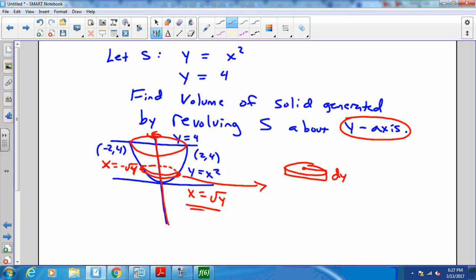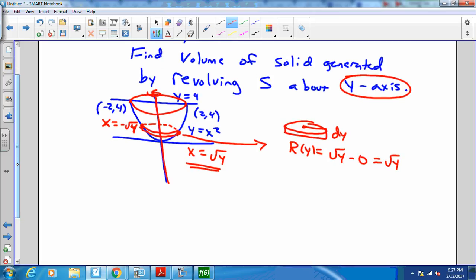You could also use x equals negative root y, but that just introduces extra negative signs that we don't really need. So we have x equals root y as the equation for our curve, and therefore the radius as a function of y is going to be equal to curve minus axis.